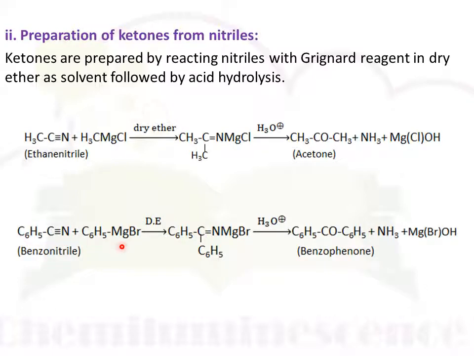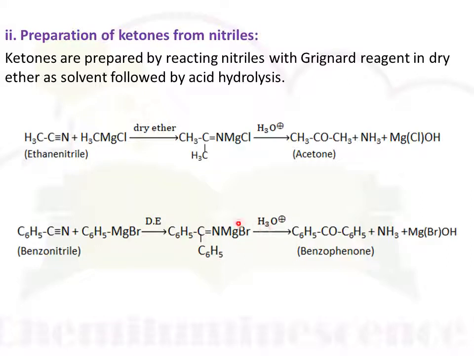Benzonitrile on reaction with phenyl magnesium bromide in presence of dry ether gives this compound, in which this phenyl group from the Grignard reagent is again combined with the carbon, which is bonded to the nitrogen by a triple bond, and the remaining part, the magnesium bromide, is bonded to the nitrogen, which on further acid hydrolysis gives benzophenone.